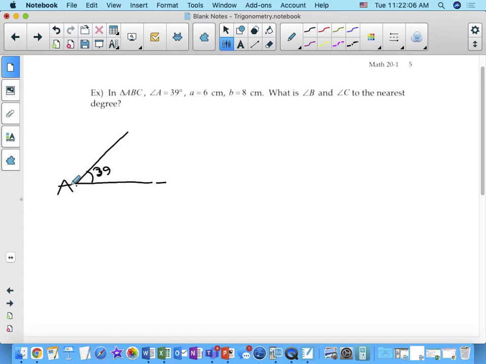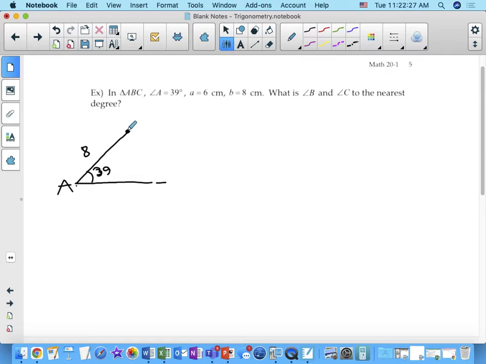Side B, if this is B over here on the right, would be over here. And then side A is hanging off of here. Okay, and that's 6. So that would be less than 8.